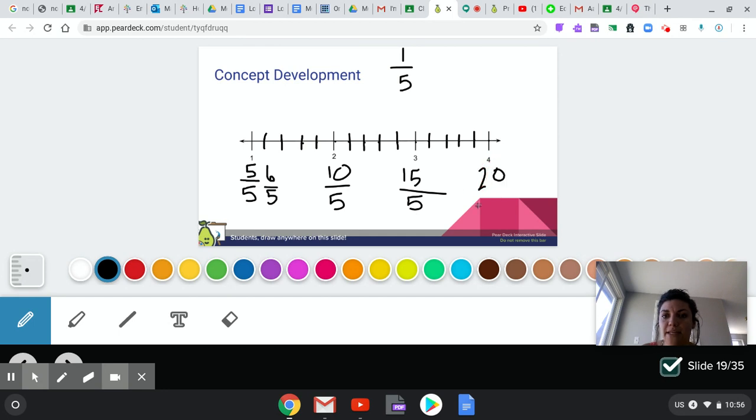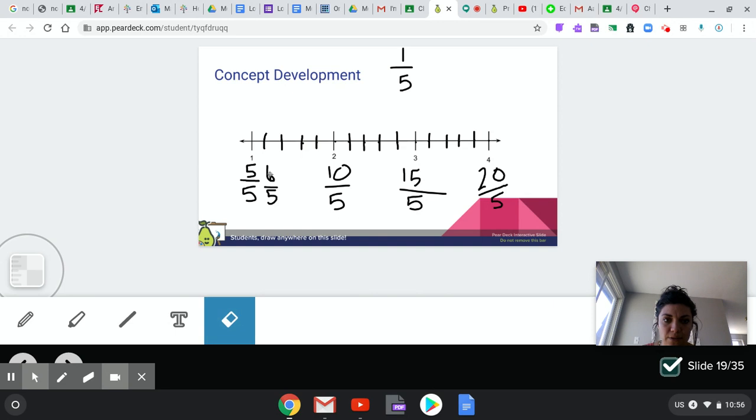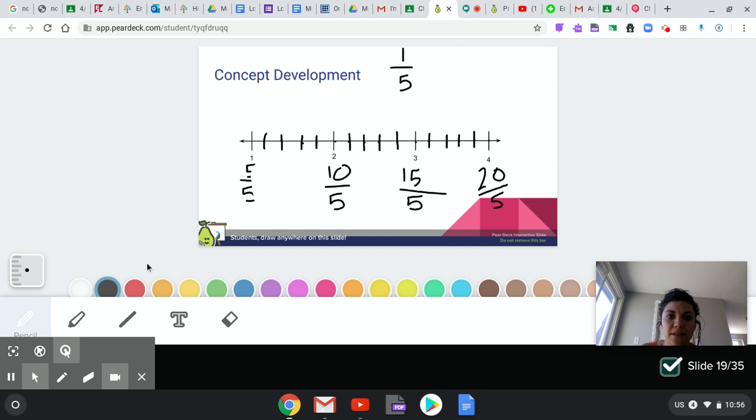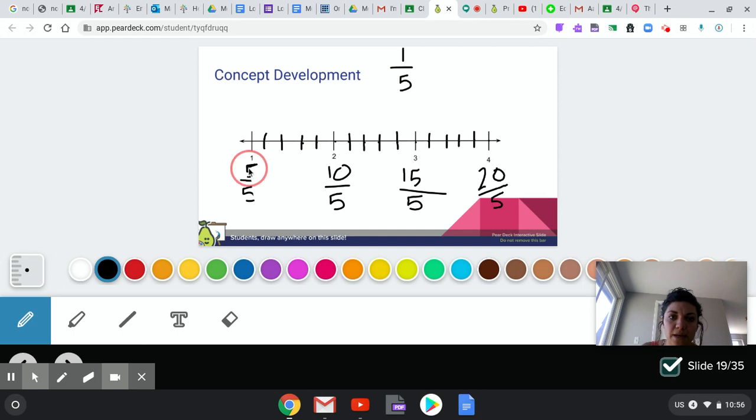Do you guys notice anything about the numerators here? If the denominator, the bottom number, is 5, with each whole number you're going to be counting up by 5s.